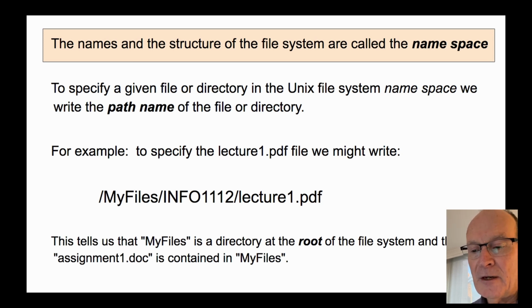Now, the bottom level here, or the root of the file system, is at the far left, and the root of the file system can be referred to with the single character slash. And within that, because that's simply a directory, we have subdirectories or files for that matter, and in this case, the first one at the root directory is myfiles.